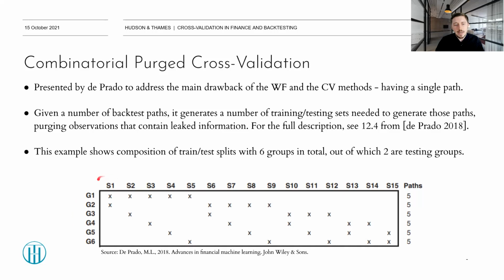So for example, in S1, for training, G3, G4, G5, and G6 will be used, and for testing, G1 and G2. For S7, for training, G1, G3, G5, and G6 will be used, and for testing, G2 and G4, which would allow us to get multiple paths for each data point in our data set.